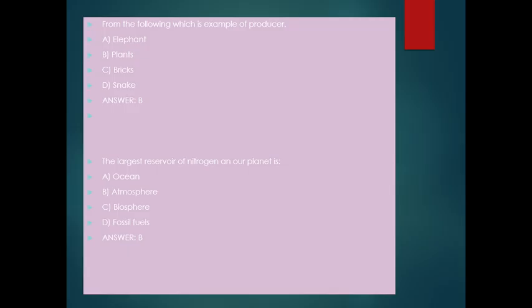If suppose air had more oxygen, then there would be no existence of organisms, because the whole earth would be on fire. So here nitrogen is the reservoir on our planet.